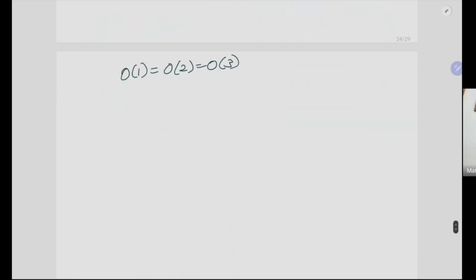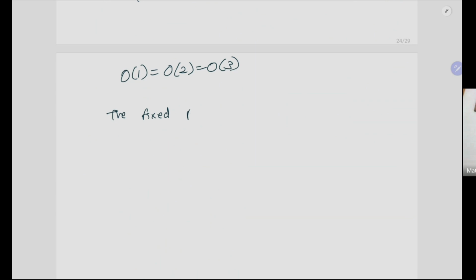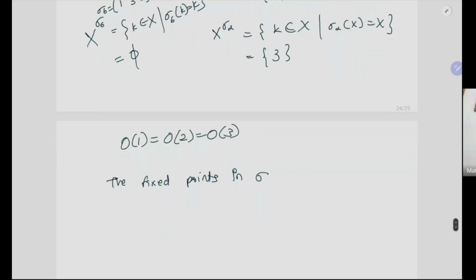So what we have here is the fixed points in sigma, that is this X^sigma. So observe that here X^sigma 6 was empty set, right?